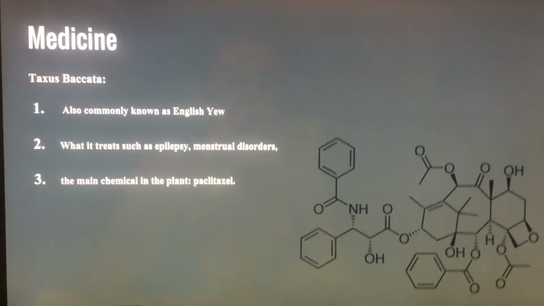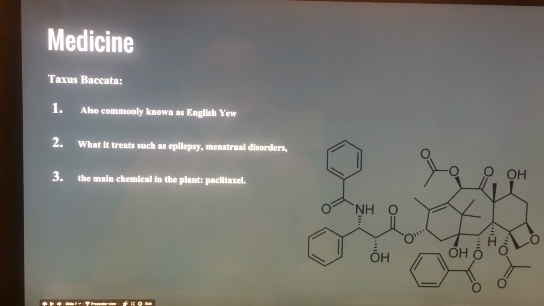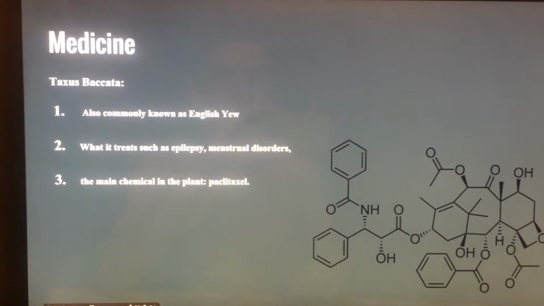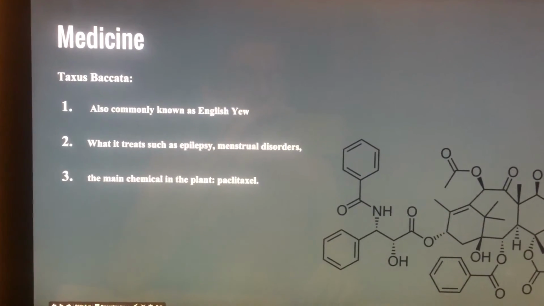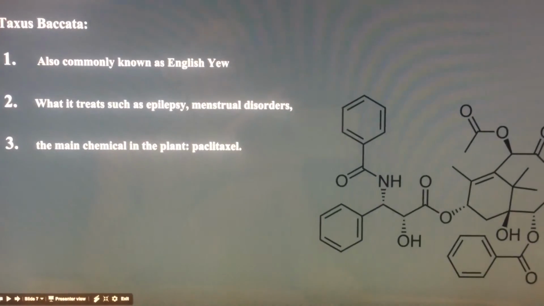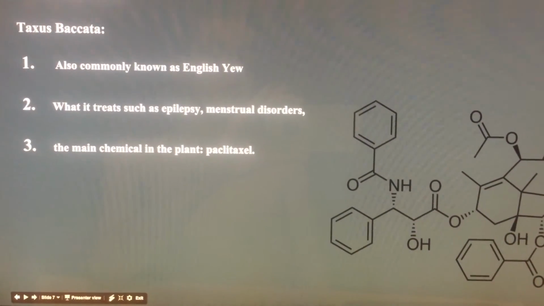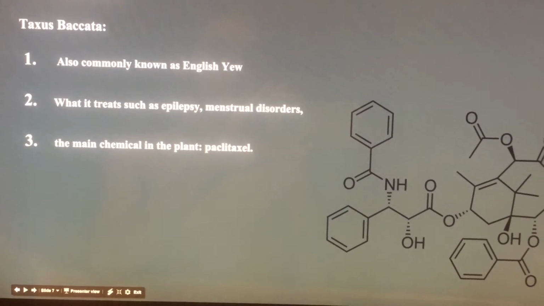Alright, medicine. Many plants are used in medicine nowadays. The most common is the Taxus baccata, also known as the English yew. It treats epilepsy, which is seizures, and it also treats menstrual disorders.